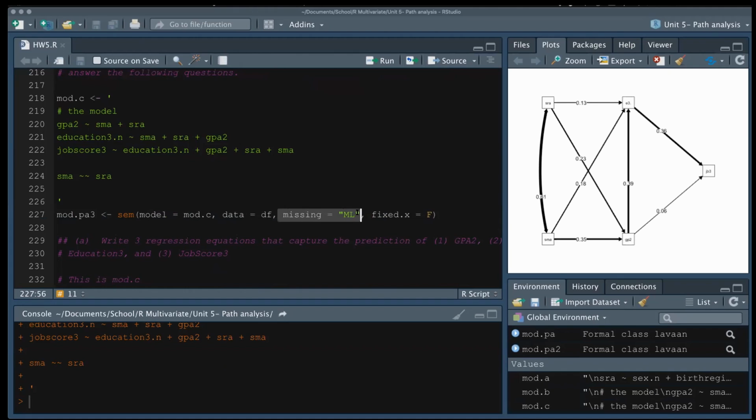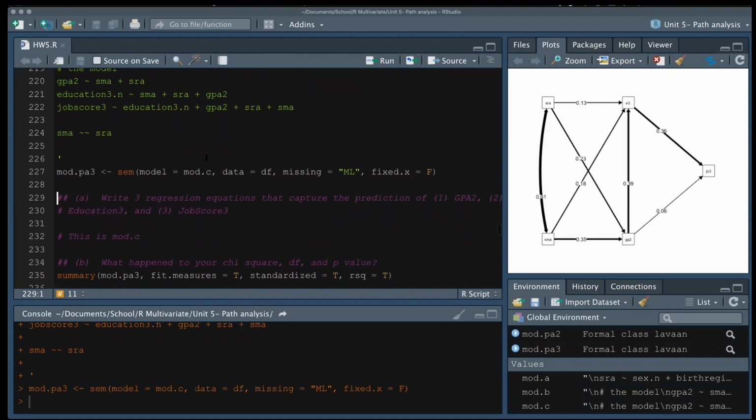Just as a quick reminder, this missing equals ML is using our full information maximum likelihood estimation to fill in missing data, and fixed.x equals false gives us those correlations in our output.